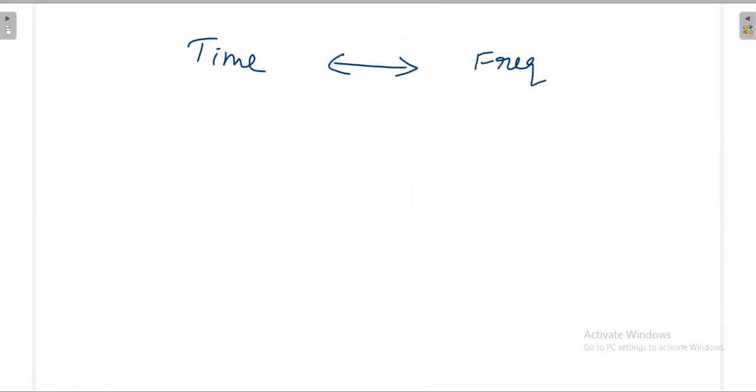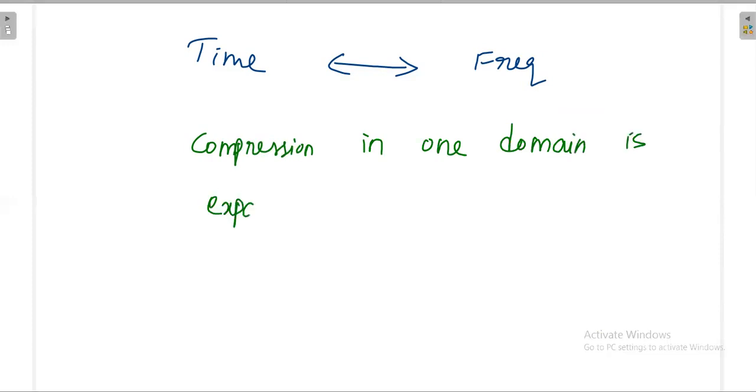If you apply compression, just remember this idea: compression in one domain is expansion in the other domain.